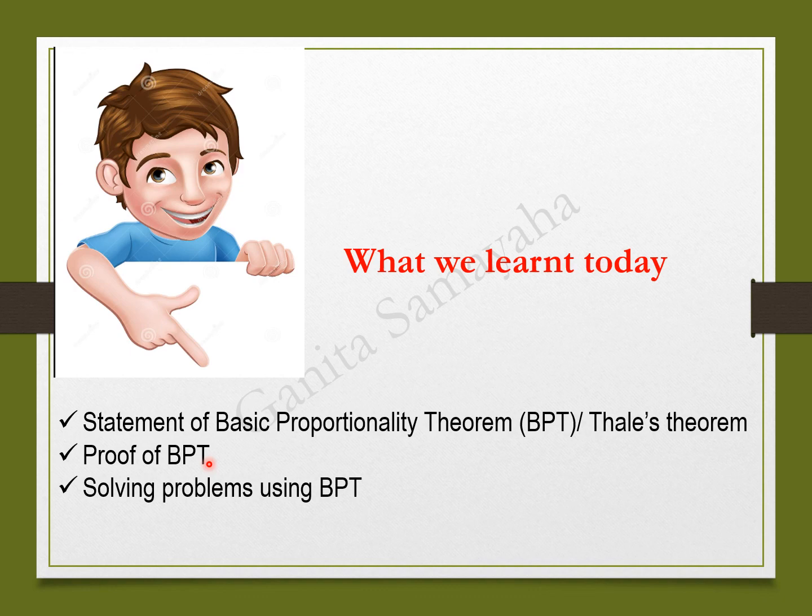All of you, please practice writing this proof, children. You must be able to write it on your own. Then we solved problems using BPT. For this, we identify the line parallel to one of the sides and then write the proportionality. Once you have done that, you will be able to solve these problems.